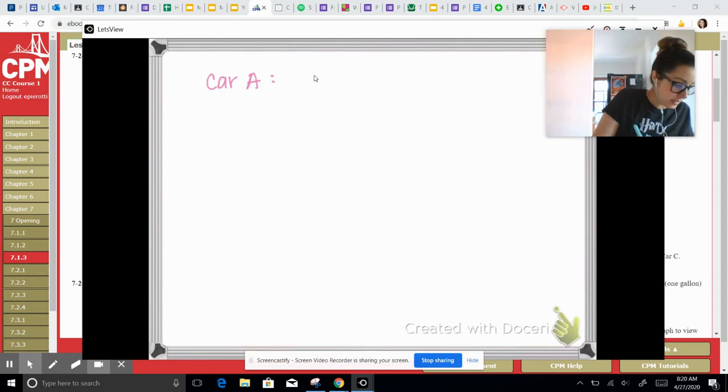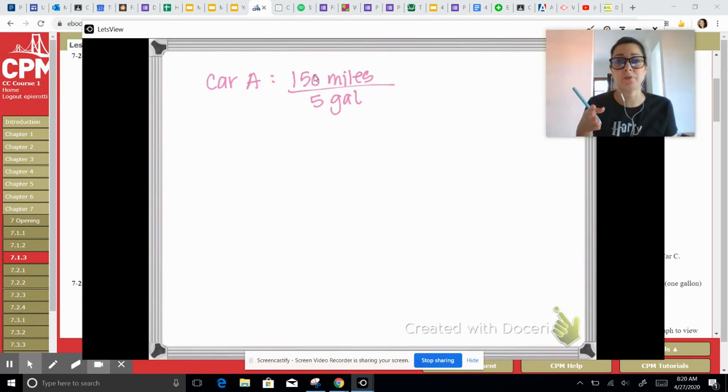So it said that it can go 150 miles in 5 gallons of gas. And if you were at our talk on Friday, what I talked about was the order in which you divide. So on the Desmos activity, we were talking about money to items.